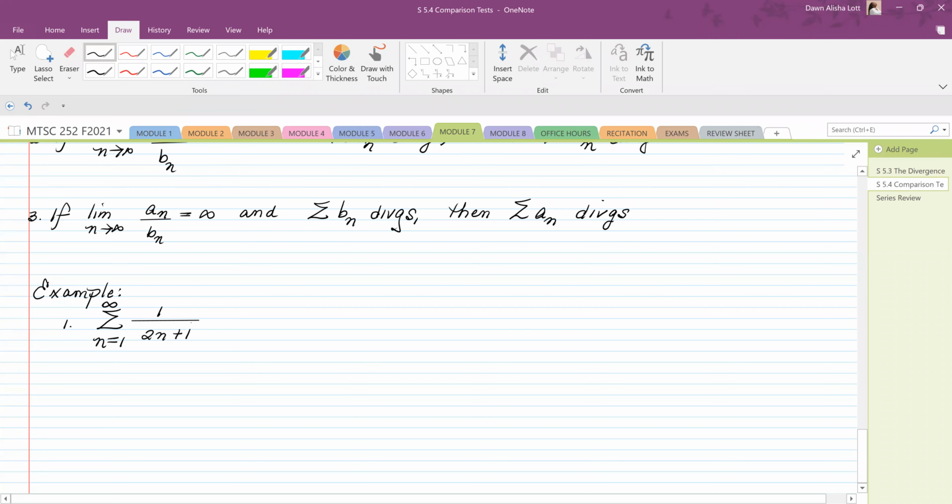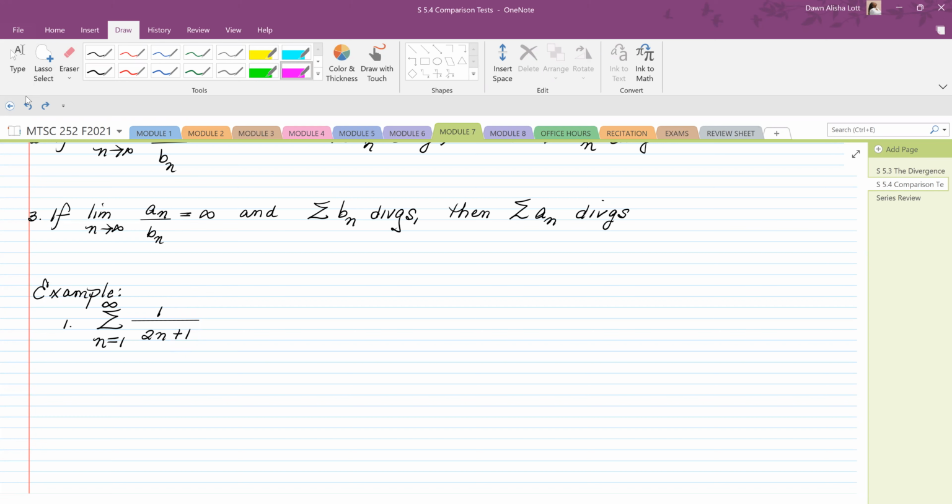Okay, so as I look at this one, again, if n gets really big, that 1 kind of doesn't matter. So if that 1 doesn't matter, I kind of look like 1 over n again. So I'm thinking it might do the same thing.